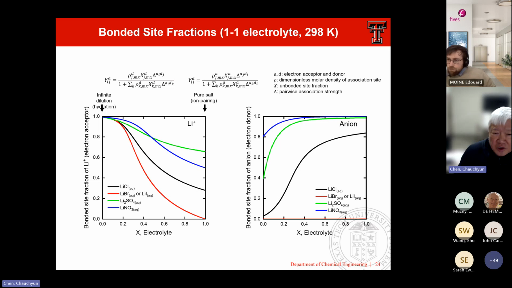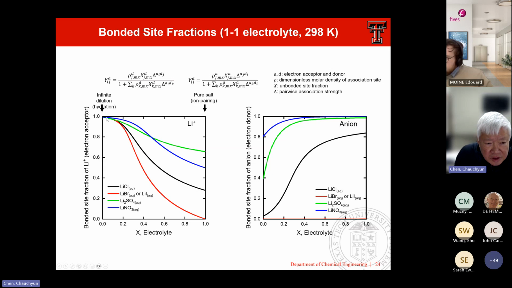Another very interesting observation is that if we look into the bonded site fraction of the ions, let's focus on lithium chloride. That's the black line here. For lithium ion, it's strongly associating, right? When it is in infinite dilute solution, lithium ion is completely associated. The bonded site fraction of lithium ion is unity, and that means it's all hydrated.